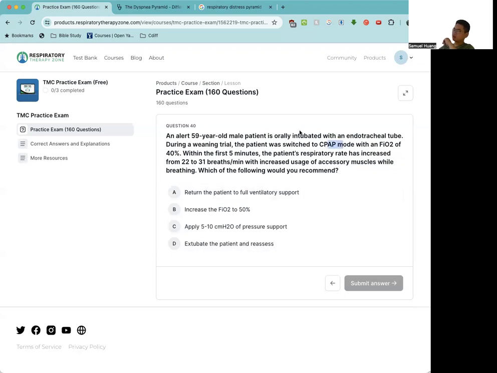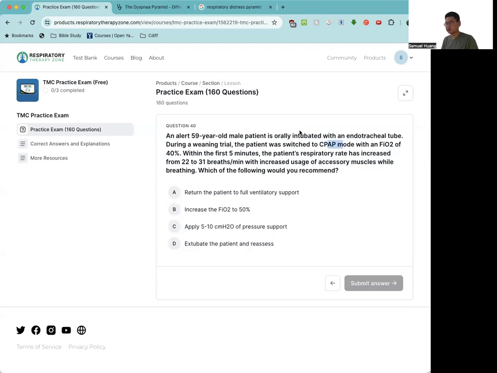Looks like CPAP mode, just FiO2. I think this question is just poorly written, because with CPAP mode usually you give some pressure, but it looks like they just did CPAP mode without giving you pressures.